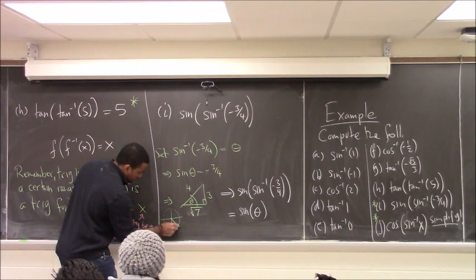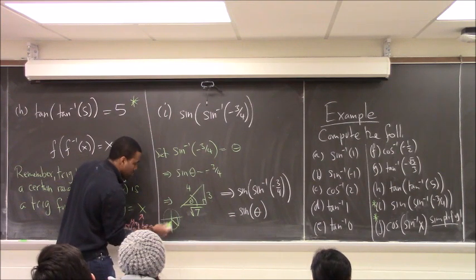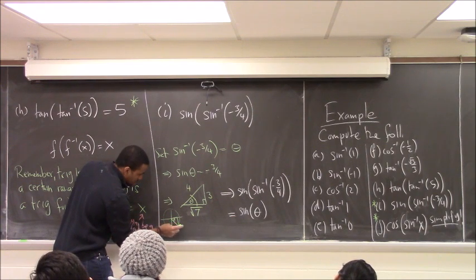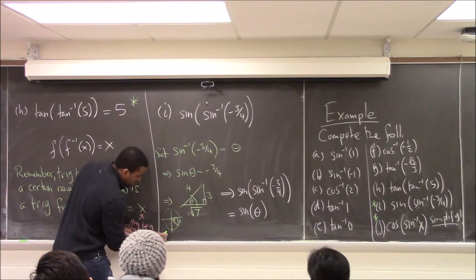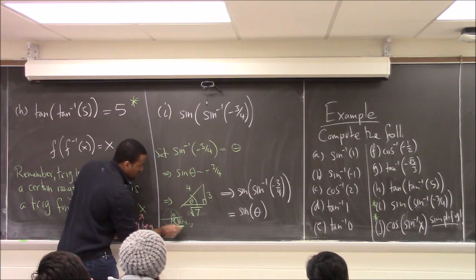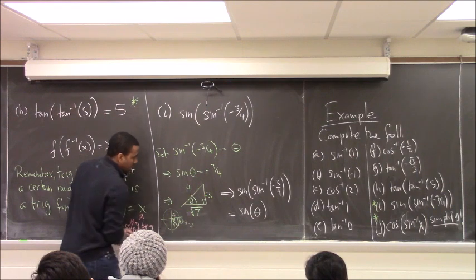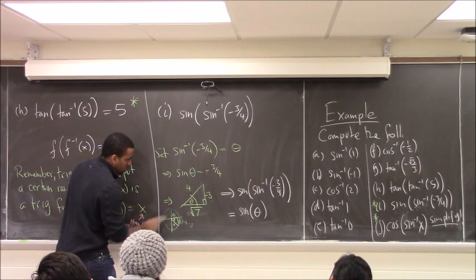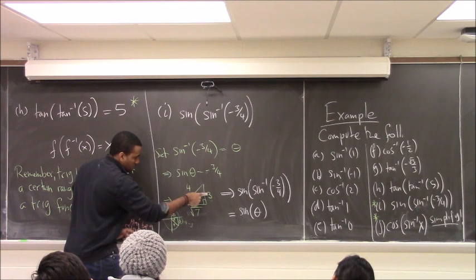So technically I should have drawn the triangle this way, but it doesn't actually matter. But if you wanted to be very pedantic, that would be the length 3, this would be the length 4, that would be the length radical 7. What you'll notice is that the 3 is negative, so you should really have a negative sign attached here. And so when you take the sine of this angle, it's like you have negative 3 over 4, opposite over hypotenuse.